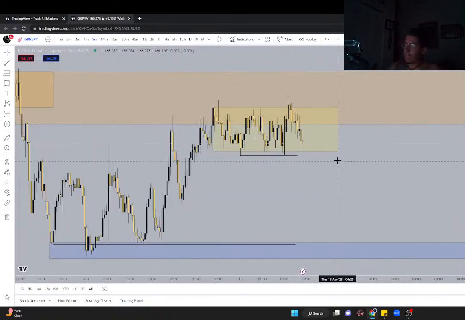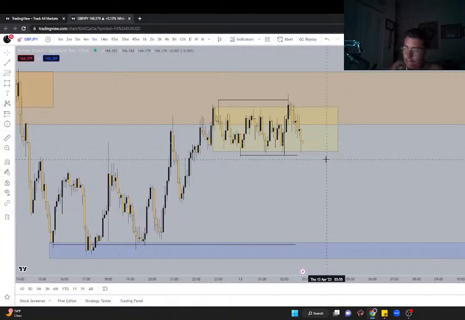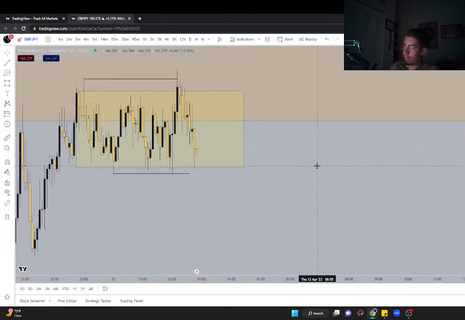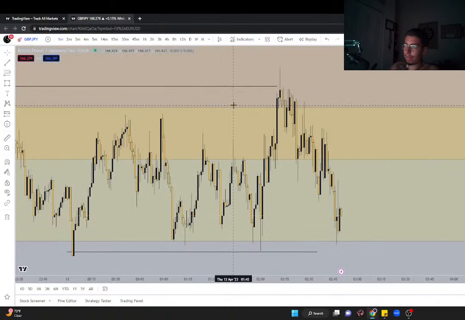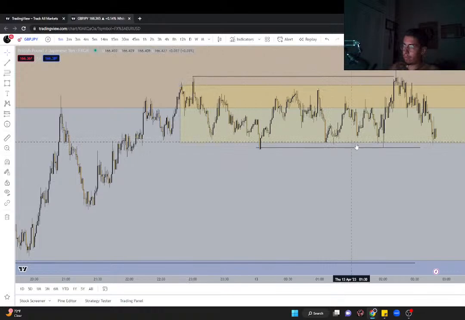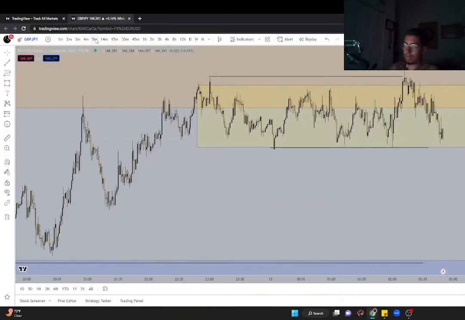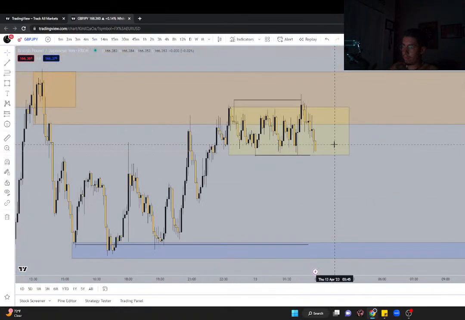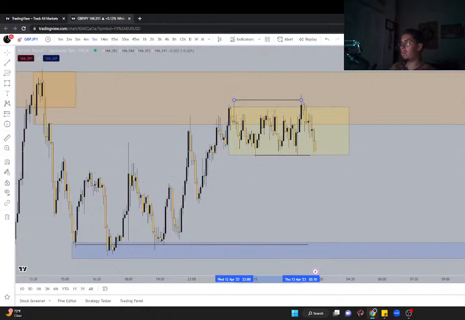You want to buy low and you want to sell high, right? That's the name of the game. Nice sweep of liquidity right there, to be honest. Let's hope that we can get a nice break right here.